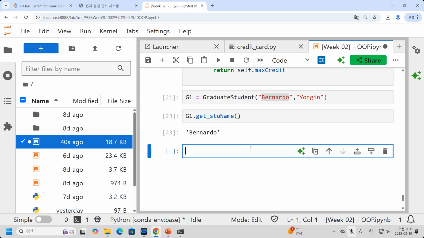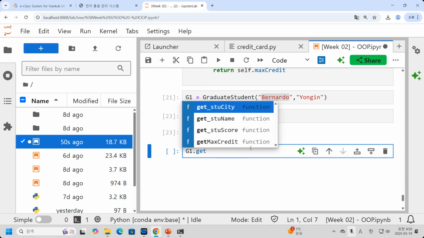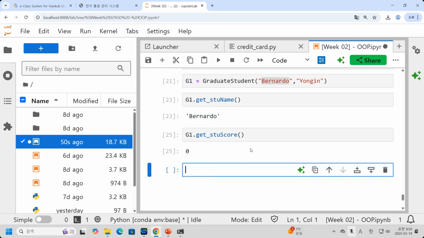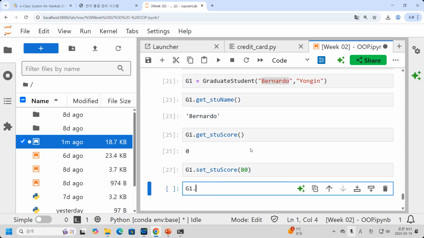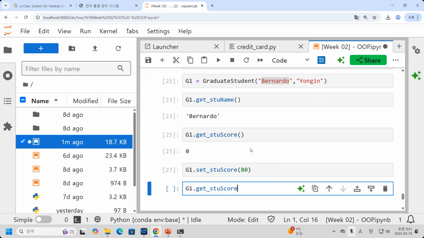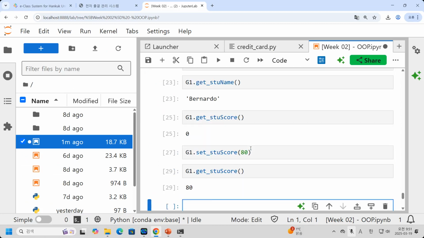Let's say I want G1 dot get student score. Then it will be 0. If I set the student score of G1 to 80 and then get the score, then it is 80.